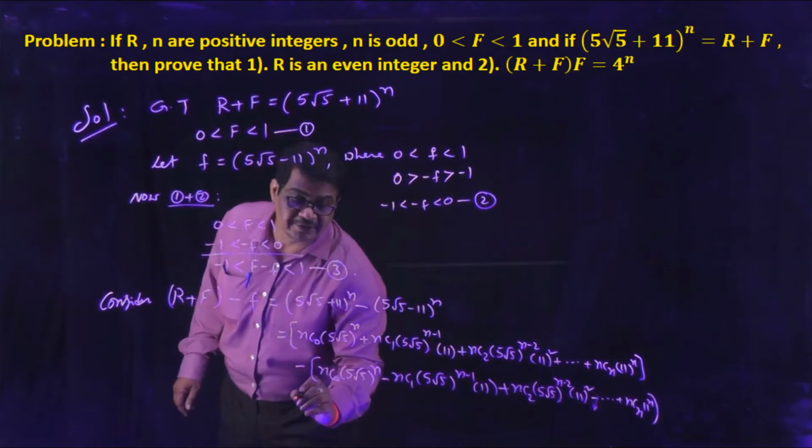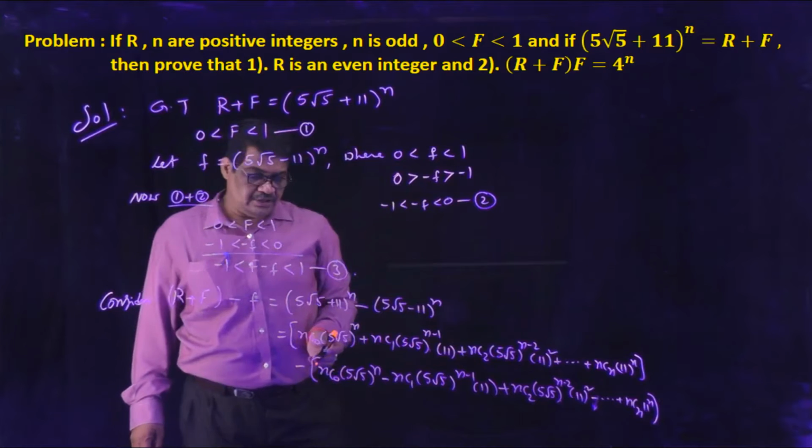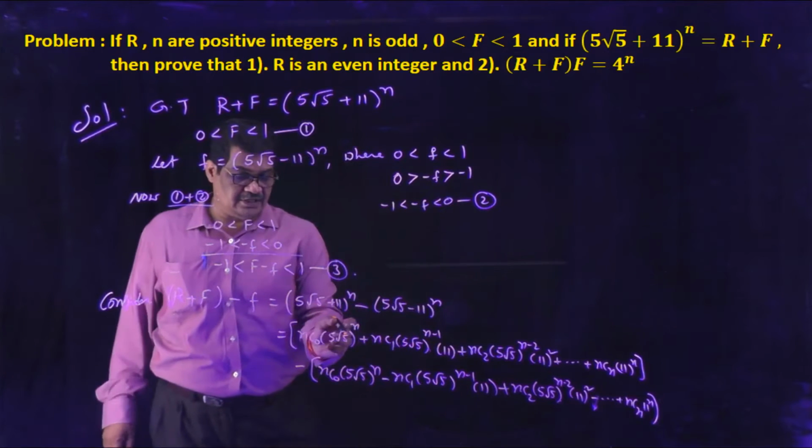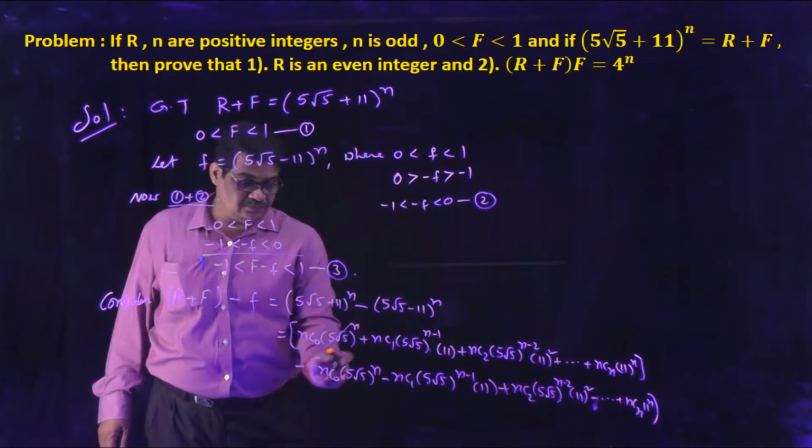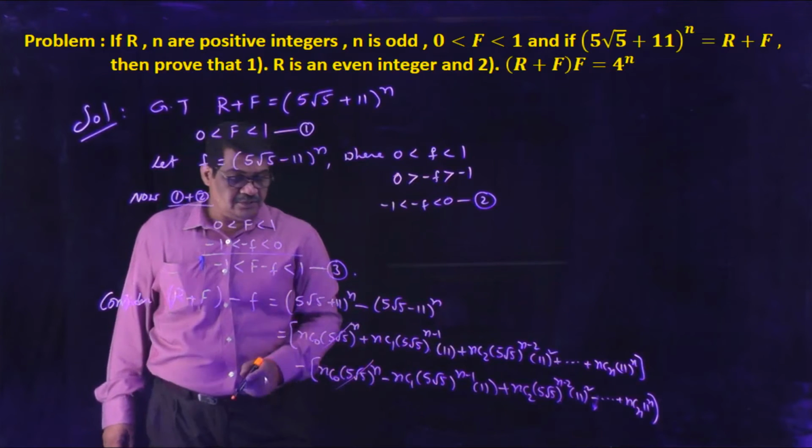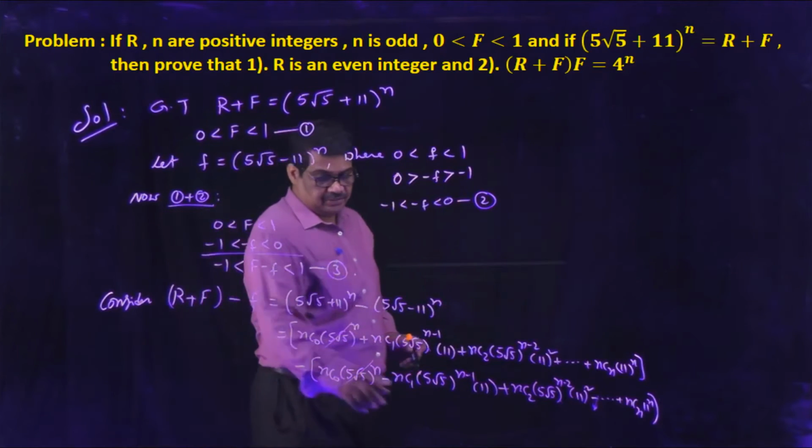Now these terms are cancelled. Which terms are cancelled? The nC0 term is plus here, and here the nC0 term is minus. So minus of minus is plus.